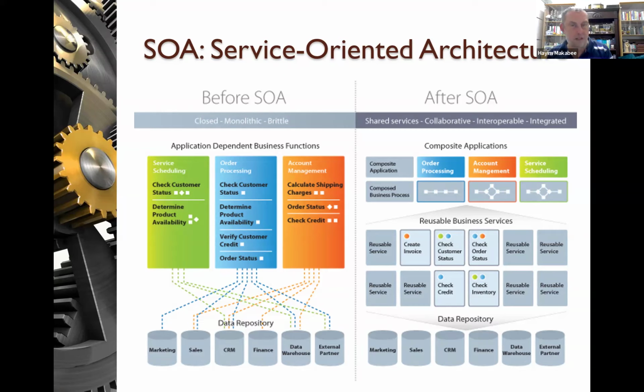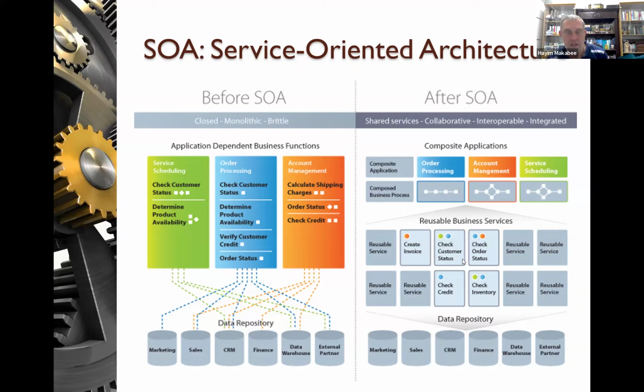It was one big software system doing everything. And then on the right side, you see the service-oriented architecture, where you have many reusable business services. You see all these different blocks are reusable services, and they can be used by different applications.